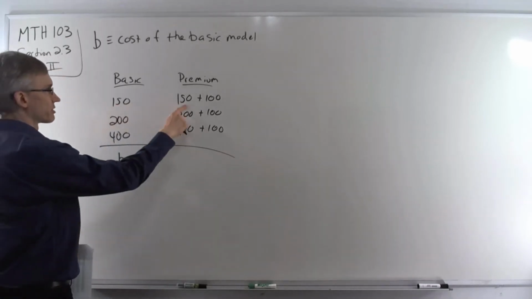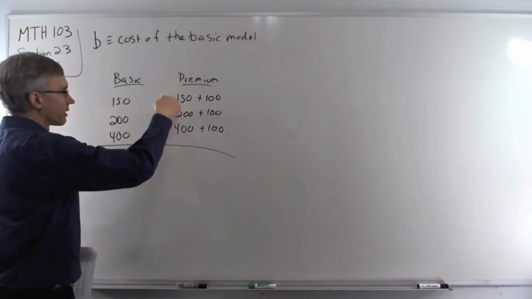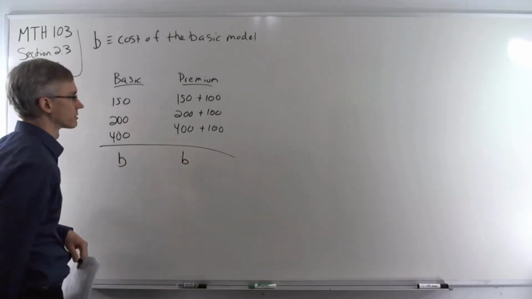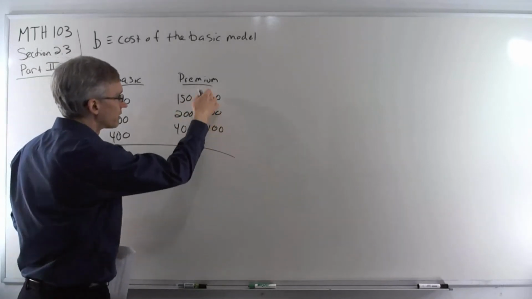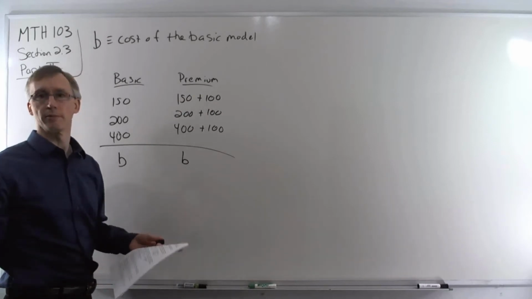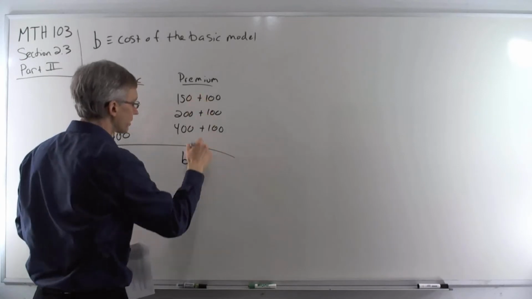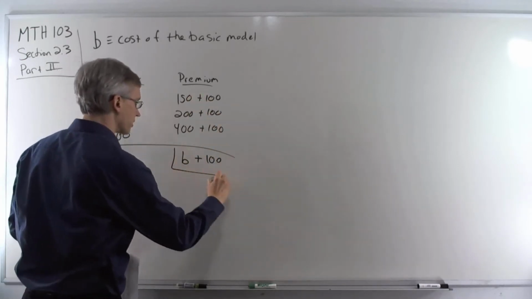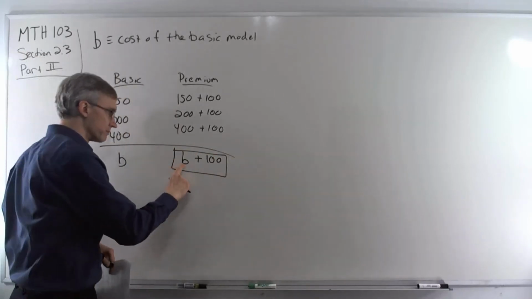Well, 150 matches up with 150, 200 with 200, 400 with 400. So this changing number here has to be the same B over here, right? Same numbers. Now this number over here is not changing at all. It's a constant. So it's 100, it's always going to be 100. And we always have this operation here. So B plus, bring down the plus, bring down the 100. And there's your expression. The cost of the premium model in terms of the basic model is B plus 100.